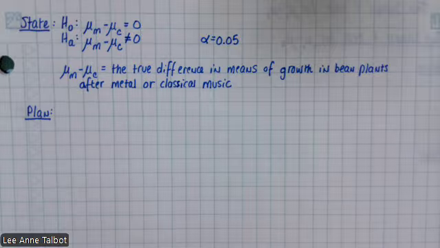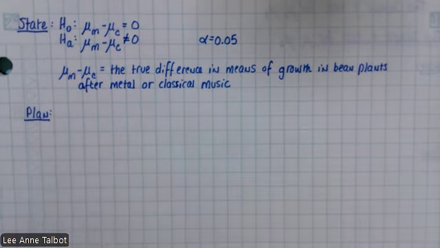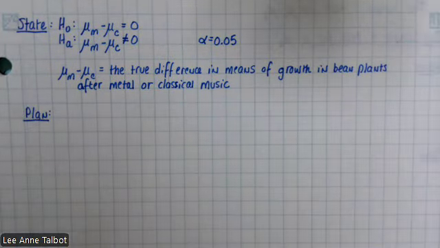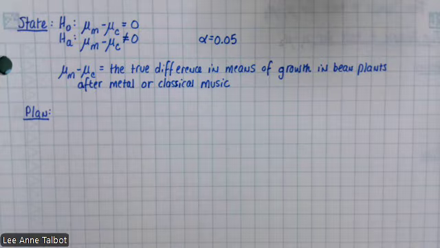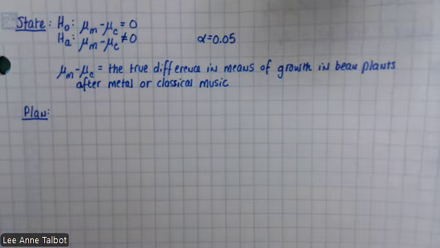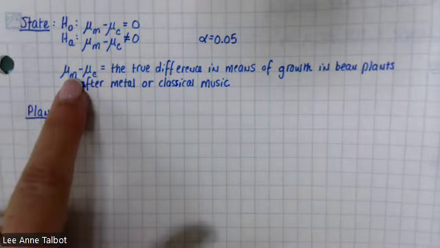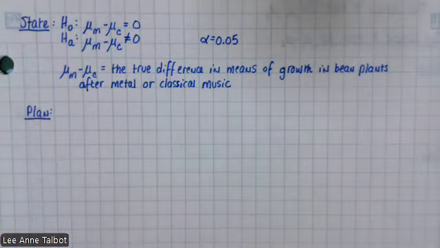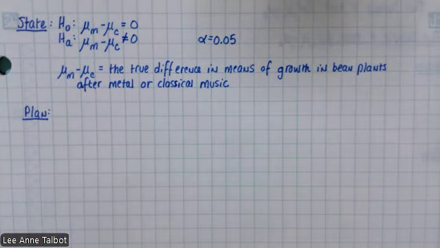Does the state make sense? Okay, what if you're doing a confidence interval problem? How would you state it instead? Let's just pretend it said 95%. Perfect. I heard it. Well, Vanessa's got it.